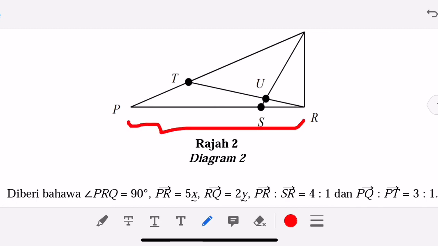So we have PR, which is 5 vector x. Okay, and then let's study the ratio for PR, which is actually 4. That means we are going to divide the line into 4 portions, and SR is 1 portion, so that means PS will be 3 portions, right?